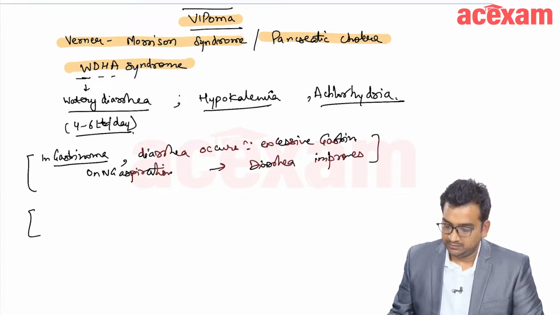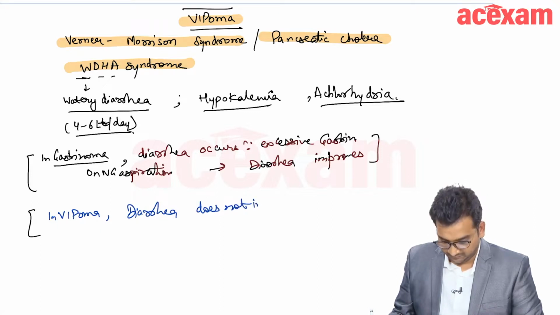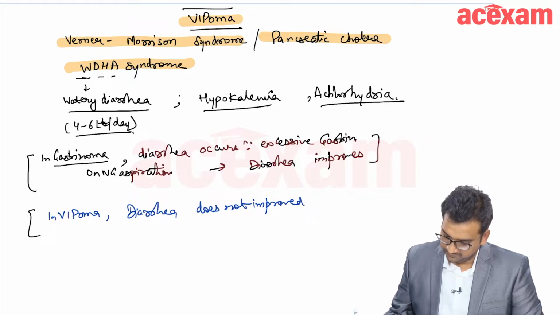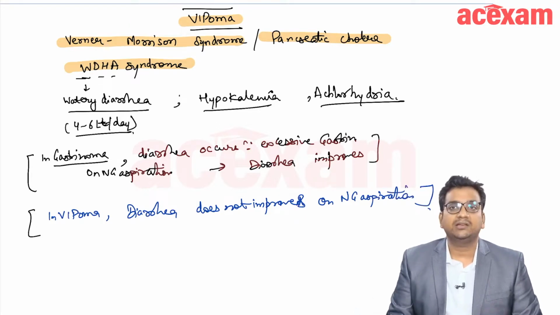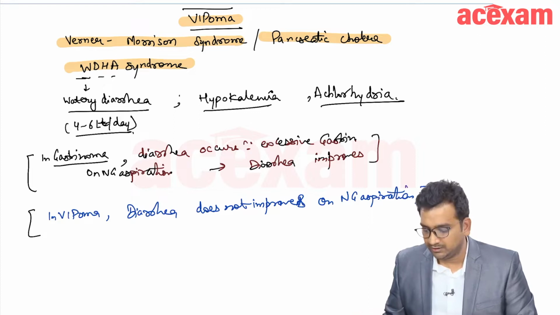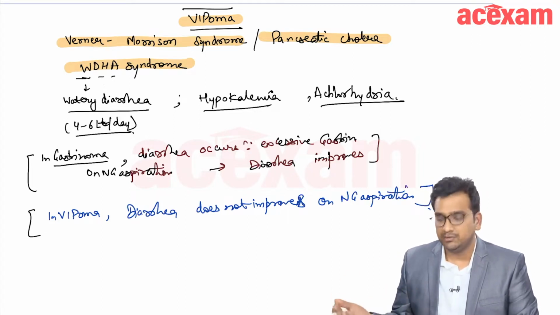But in VIPoma, the diarrhea does not improve on NG aspiration. This is important, and this is the way we can differentiate it from gastrinoma.